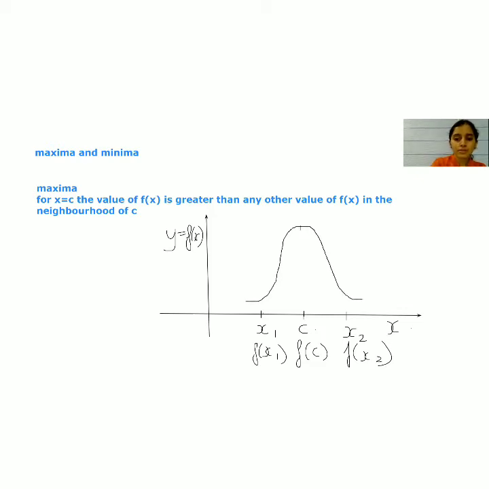That means this point here should act as the maximum point, y equal to f of c. It will act as the maximum point if any value less than c and any value greater than c are lesser than f of c. Okay, so in a small interval x1 to x2, c lies between that interval. If f of c is the maximum, then it is called the maxima point.